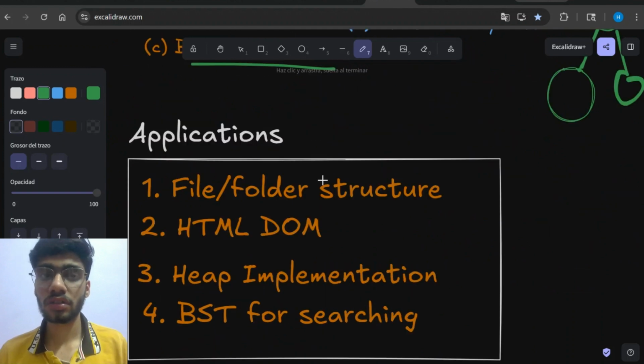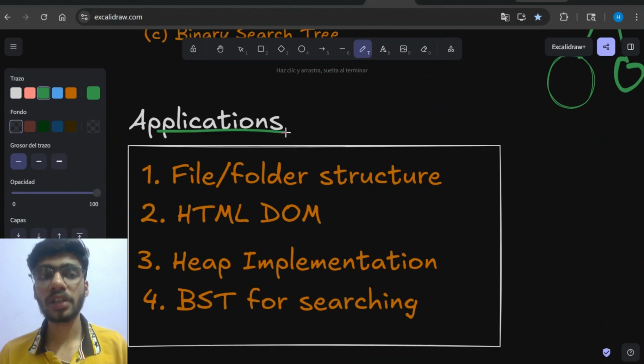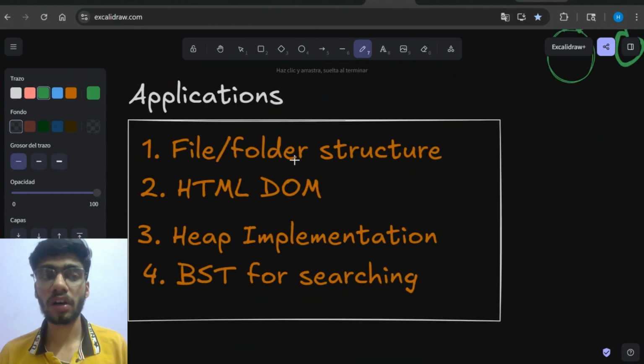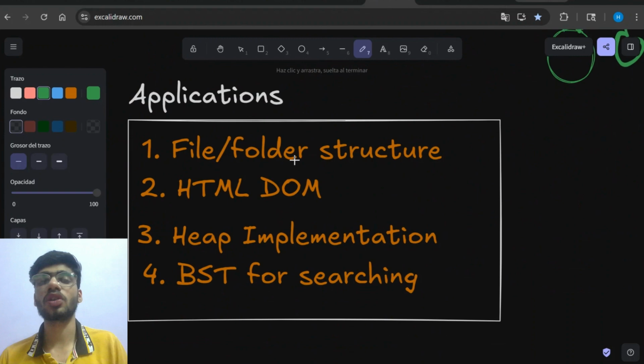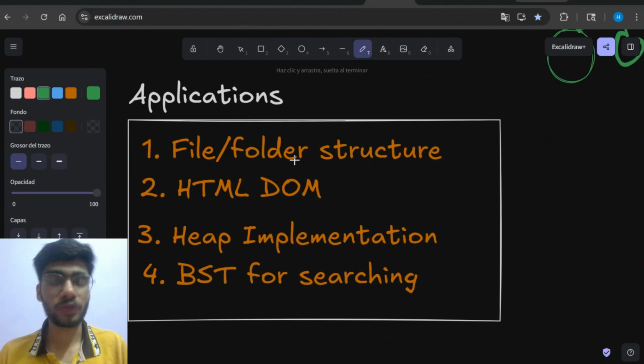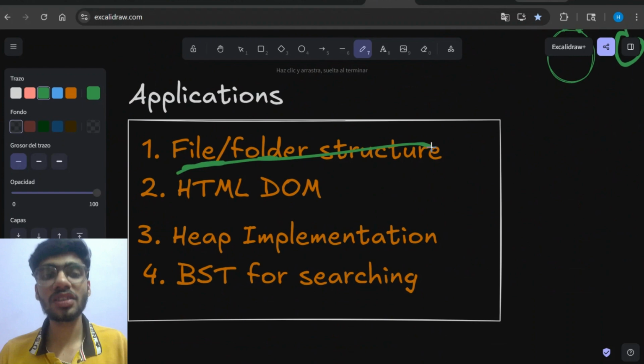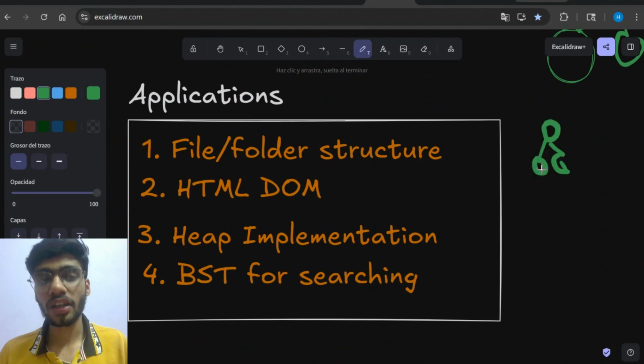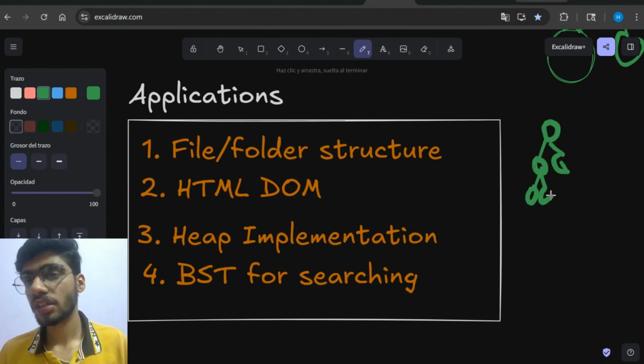So now we study applications of trees. So what is the application of tree? Why do we study trees? First thing is it is part of DSA. This is important. The second application is the file folder structure, like making a directory and into that directory a file.